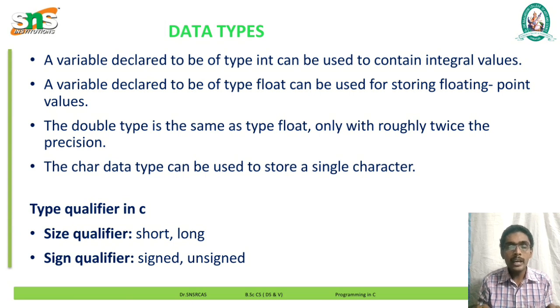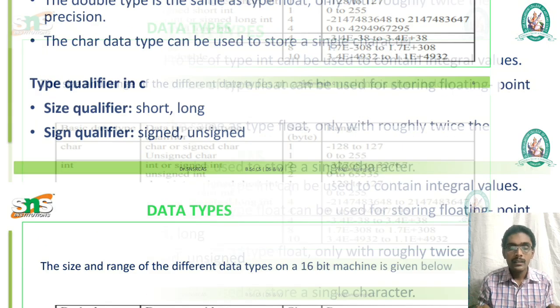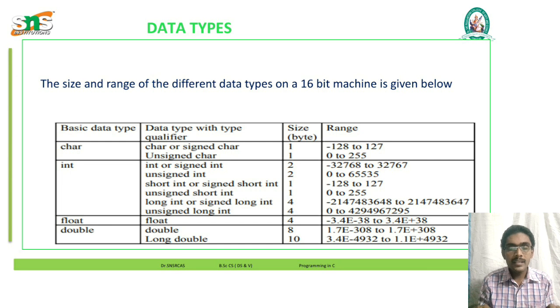There are two types of type qualifiers in the C programming language. Number one is the size qualifier, which is short and long, and the other is the sign qualifier, which is signed and unsigned. Here is the size and range of the different data types on a 16-bit machine.